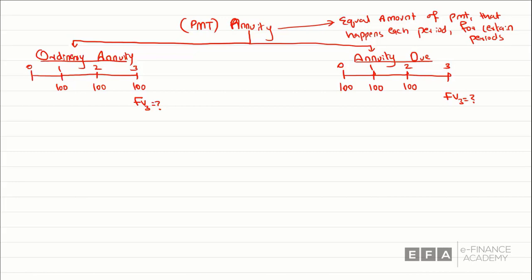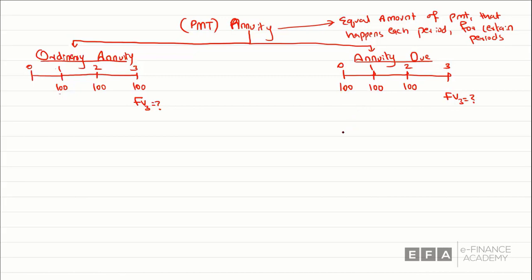I hope you can spot the difference. The annuity here starts by the end of the period 1. And you have to understand one thing. All these numbers that you see in the timeline are end of year 1, end of year 2, or end of quarter 1, end of quarter 2, and so on. While here the annuity starts from the beginning of the 1st year or 1st period, which is time 0.